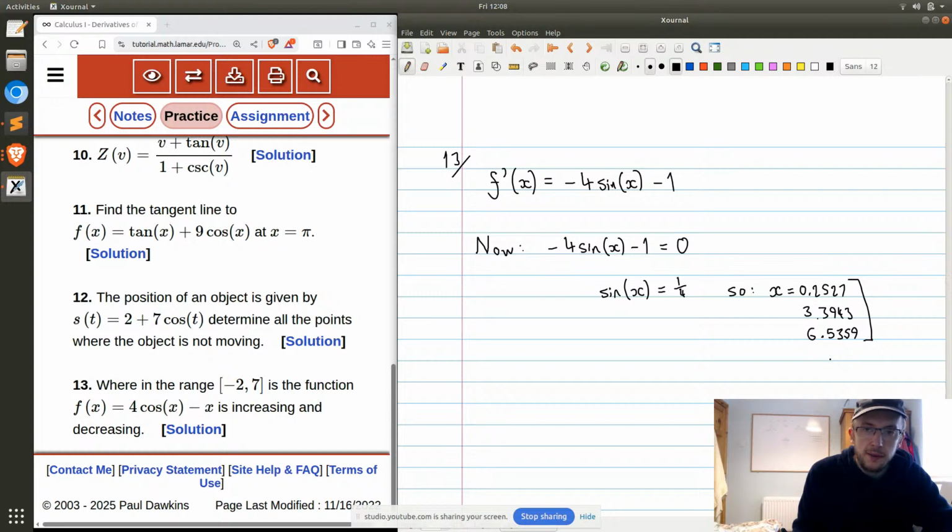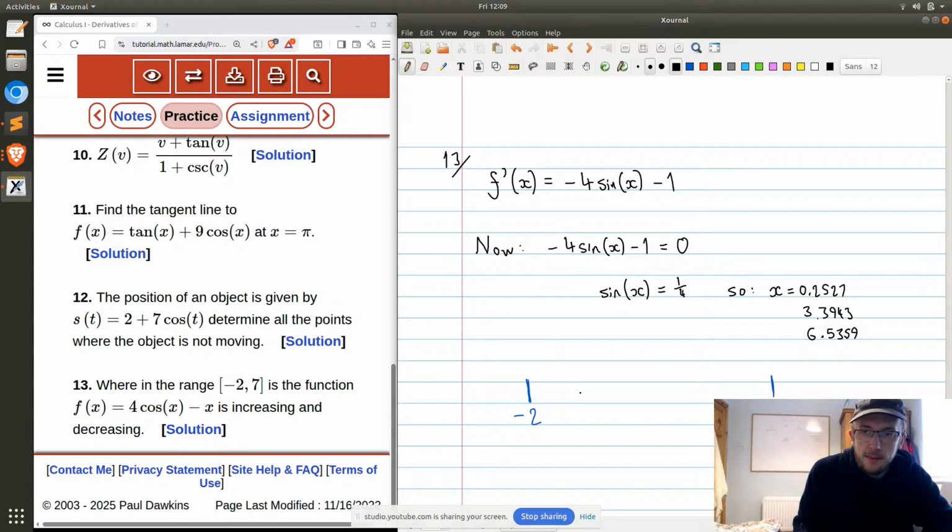And now we need to figure out where the derivative is positive. So here's what I'm picturing. Picturing -2 is there, and 7 is there.